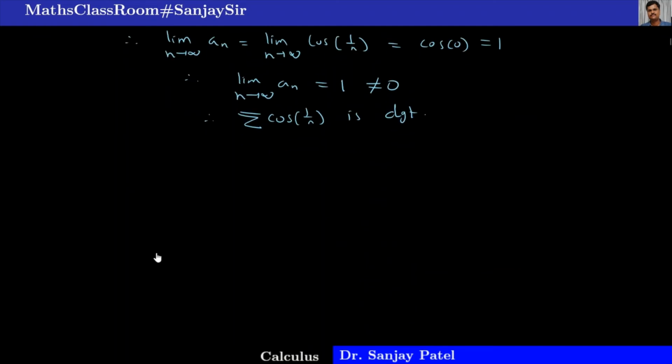Let us take another interesting problem. Suppose I take the second problem, sigma 2 plus 3n upon 3 minus 2n.